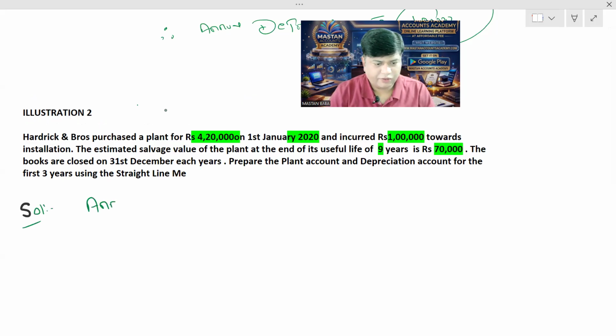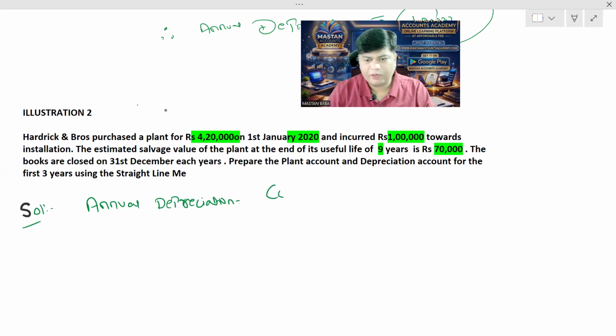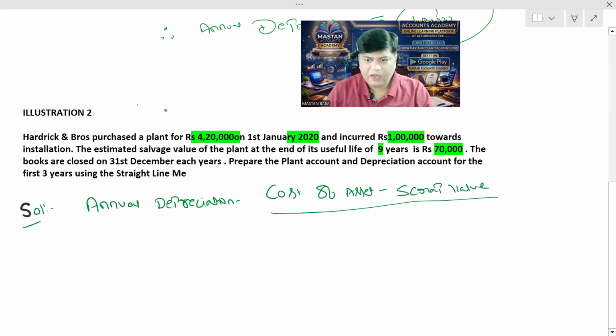Annual depreciation is equal to the beginning formula we learned: cost of asset minus scrap value, or you can say salvage value, or residual value, divided by lifetime of the asset or useful lifetime.